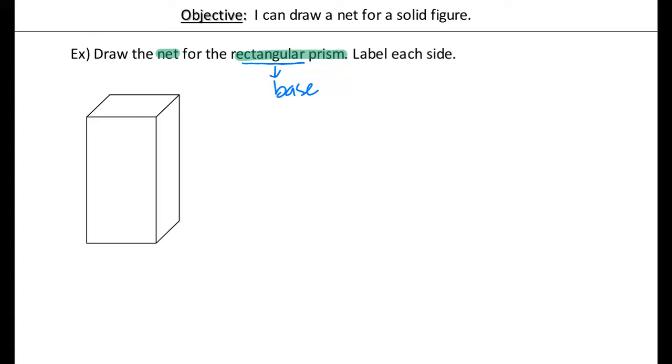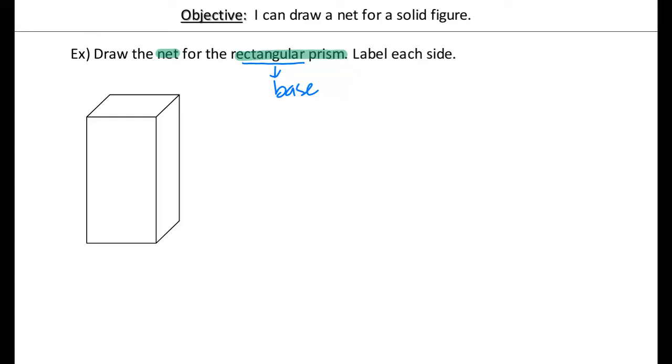So if I were to unfold it, it would give me 4 rectangles for the sides, and then the top and the bottom would be the 2 smaller rectangles. Okay, so we're going to draw something similar to this one. We're going to draw the sides as rectangles and the 2 bases as smaller rectangles.